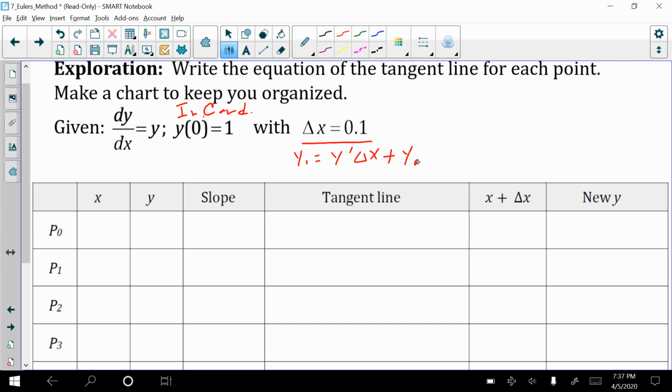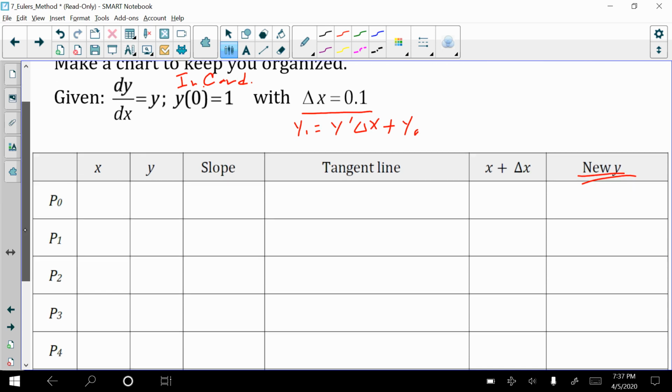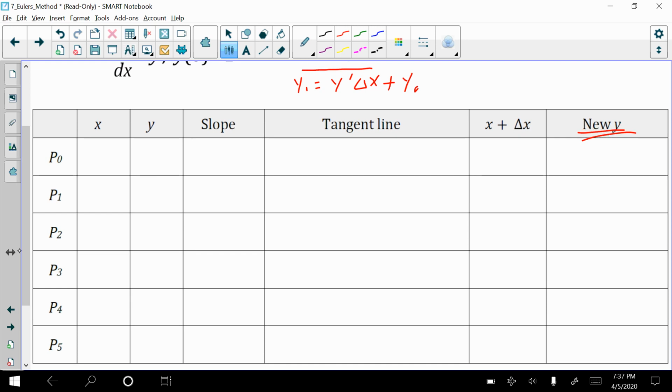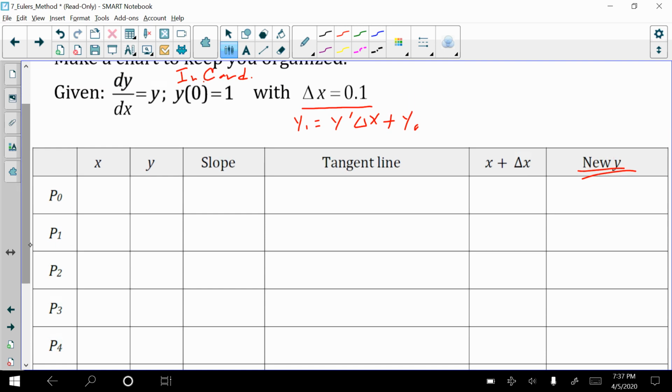And using that information, we can get to what our y values are going to be where we are approximating them. So let's go ahead and fill in the table and see how we're going to use Euler's method to create an approximation for this particular differential equation.